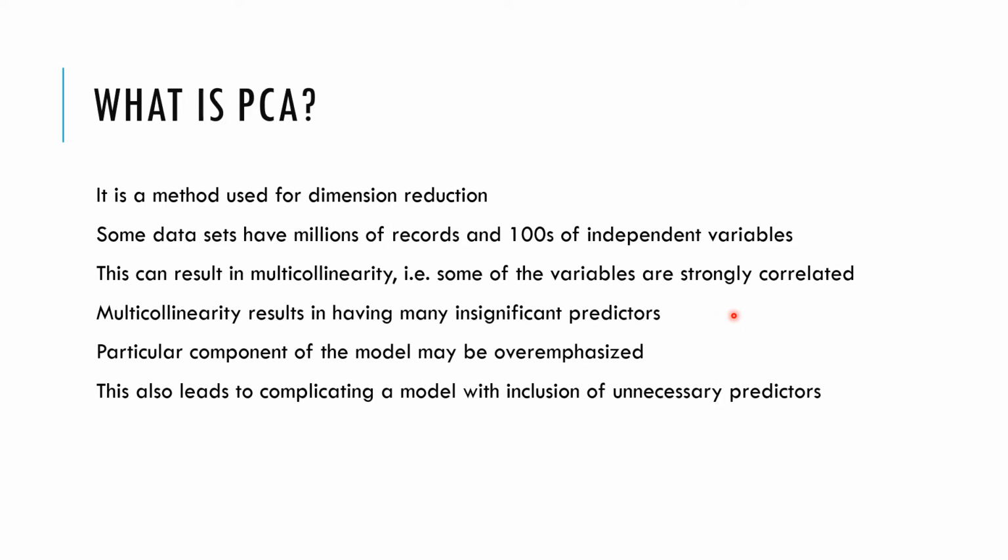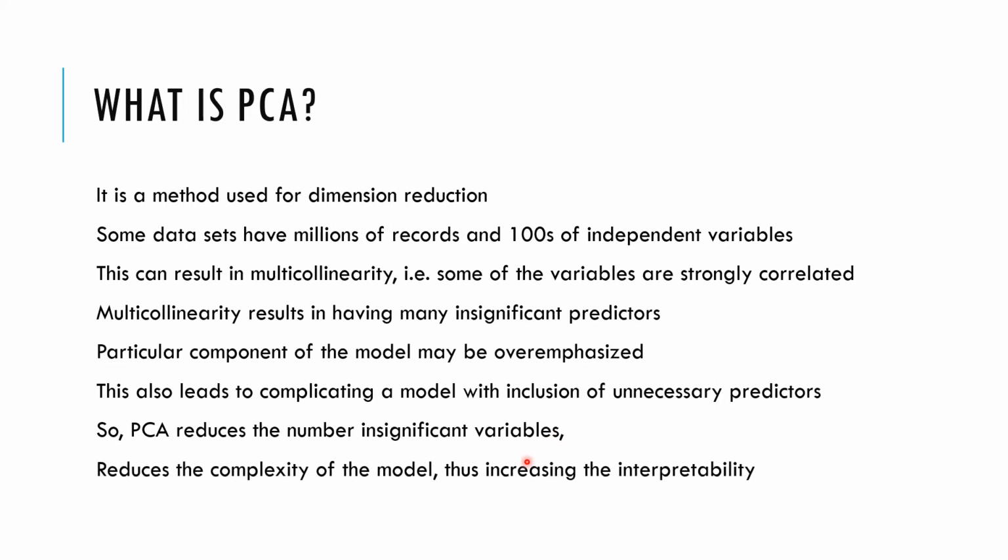When we are interpreting the model, interpretability becomes easier with fewer variables. So what PCA does is it reduces the number of insignificant variables, and then it reduces the complexity of the model. When you let go of those unnecessary variables, the model becomes very simple, and therefore the interpretability becomes easier, right?